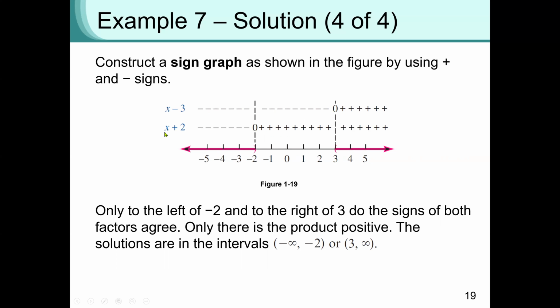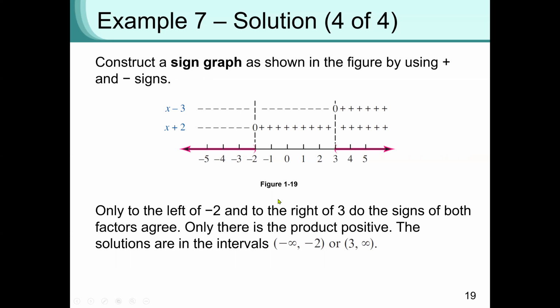Then when we tested s plus 2, we said that if the value is less than -2, then it's negative, which we did in the previous slide. So at -2, that's when we get 0, then the rest is positive.